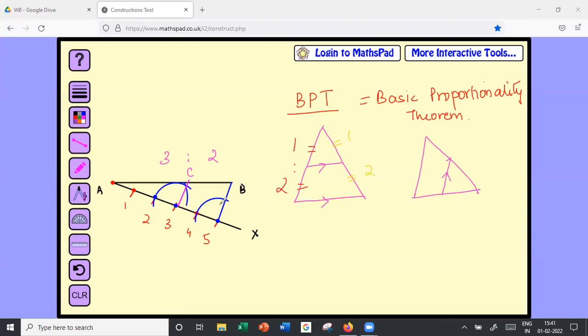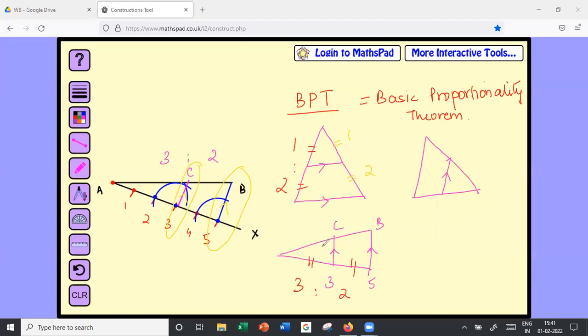That is exactly what we did here, which is why the importance of drawing this line parallel to this line is stressed. So basically what happened here is you've drawn a triangle, and you constructed this line 3C parallel to the base 5B, and you have divided this line in the ratio of 3:2.